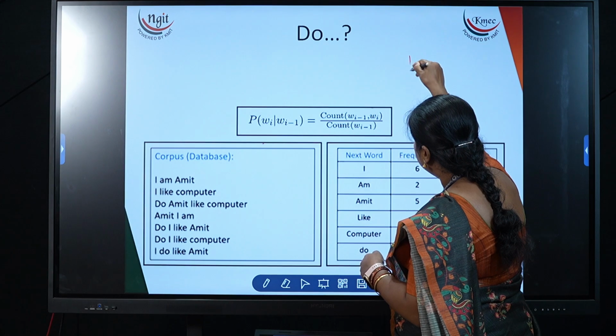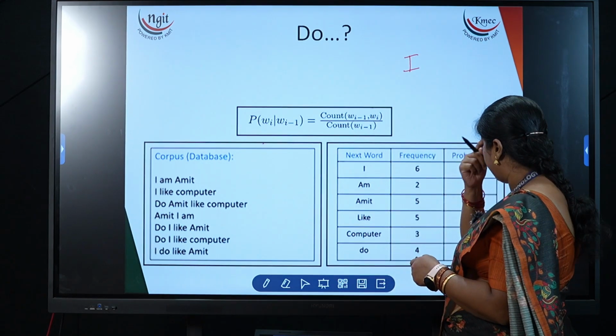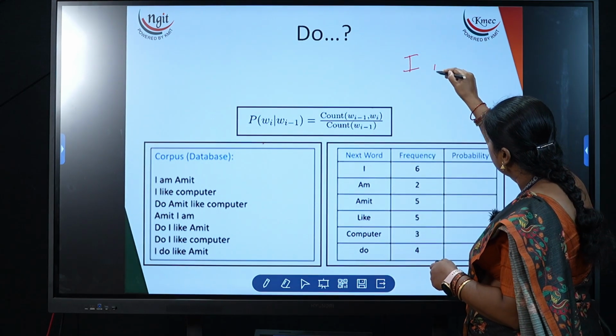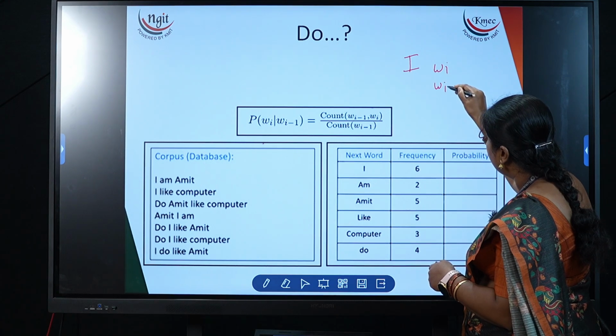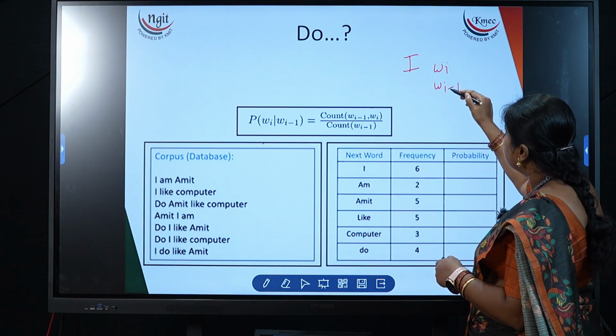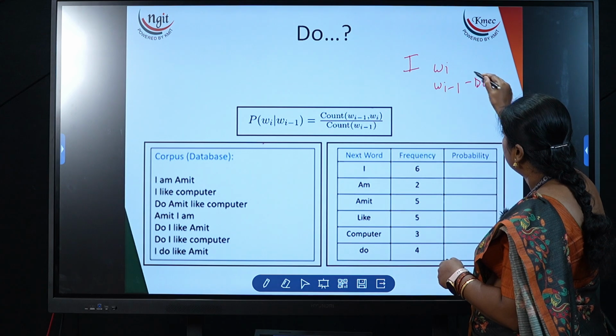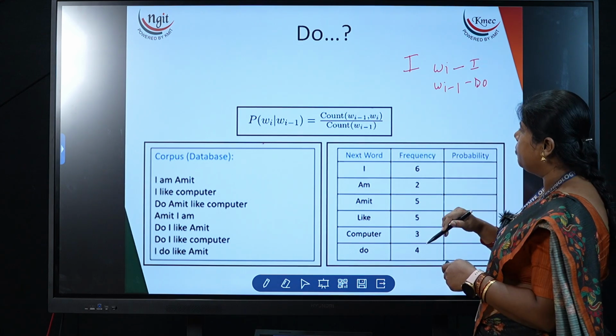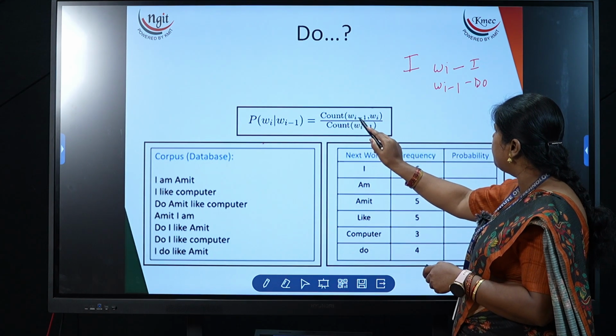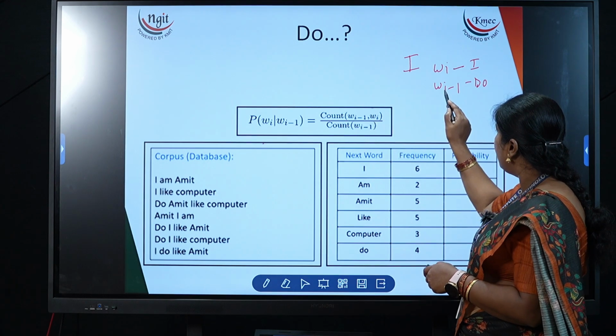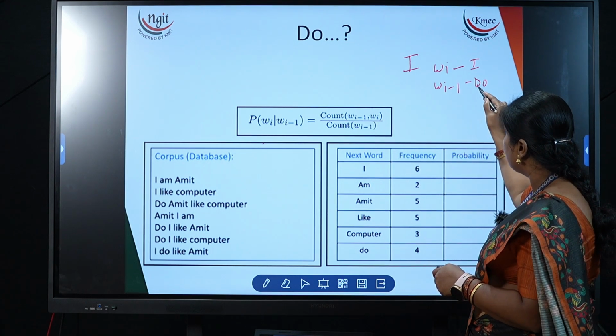In that case, what is your wi minus 1? "Do". What is your wi? "I". Now I want to find out the probability of wi minus 1 followed by wi, that is, "do" followed by "I".